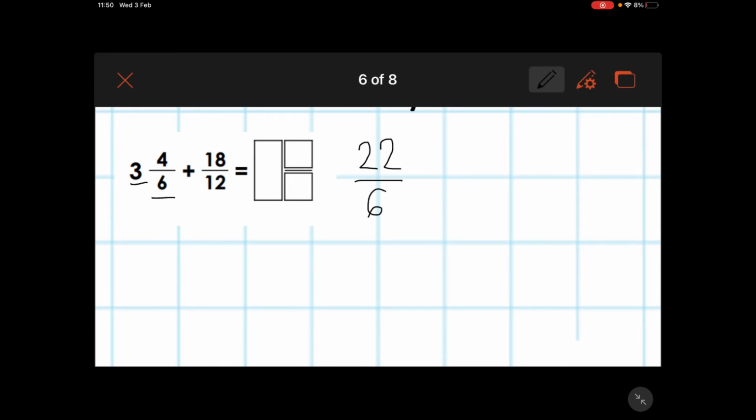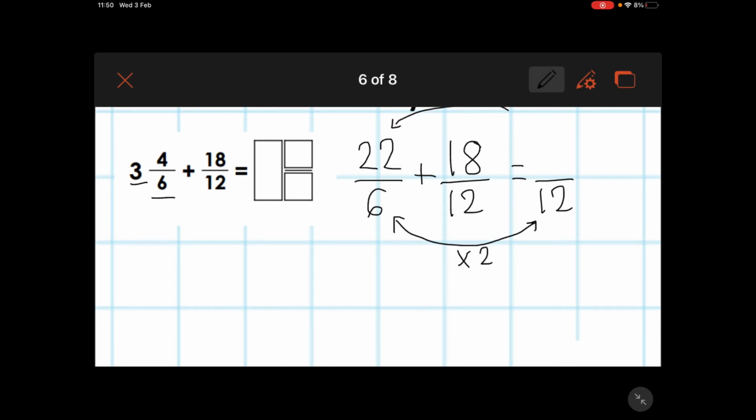Now the second part of the fraction is 18/12. Now these have different denominators, so let's give them the same denominator. The lowest common denominator is 12. What did I do to 6 to get to 12? I multiplied it by 2.